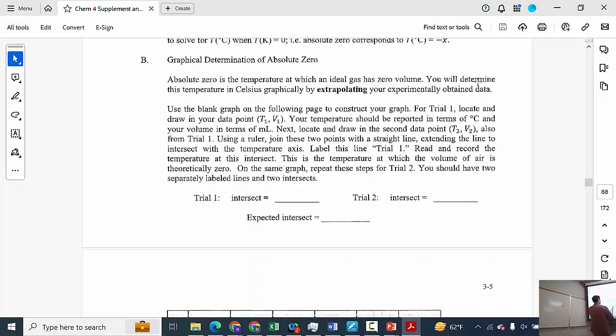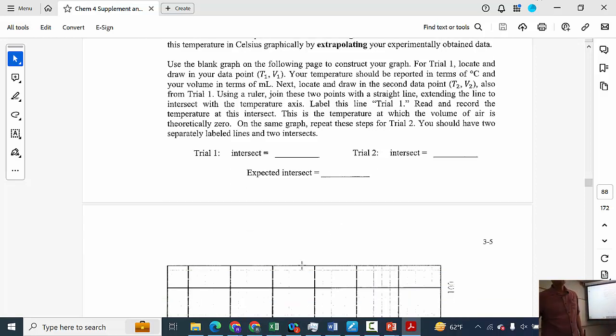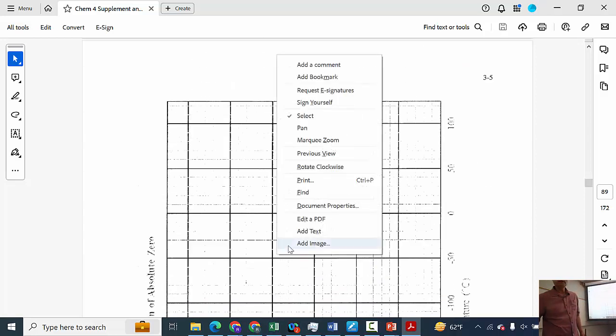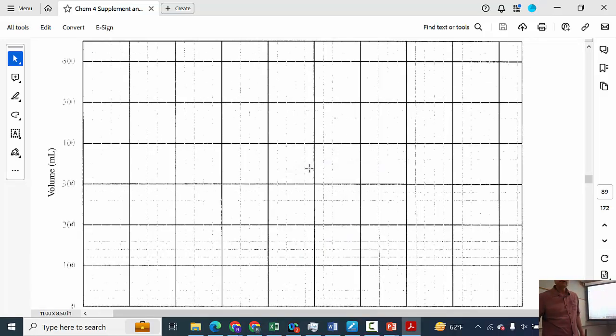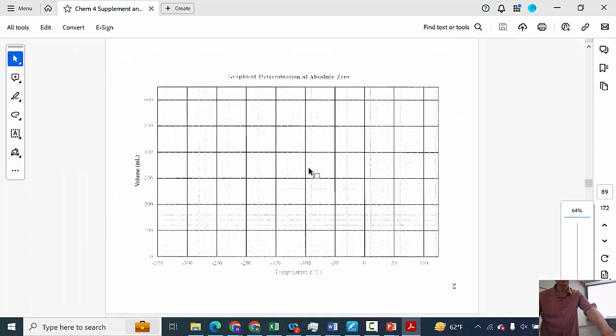Okay, the next thing we're going to do here is the graphical determination of absolute 0. So we want to see where the intercept is. The intercept should be at -273.15 degrees Celsius. And that's what's expected, but let's see what's observed. What's observed is you're going to make a plot here, and you're just going to graph it. So let me rotate this and then shrink it down.